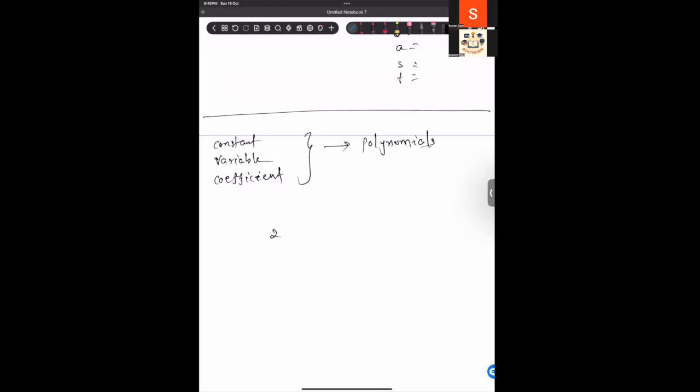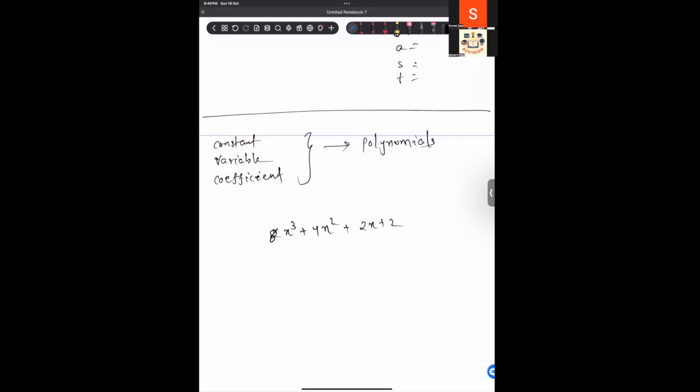Let's say 8x cube plus 4x square plus 2x plus 2. Let's say this is one of the polynomials.